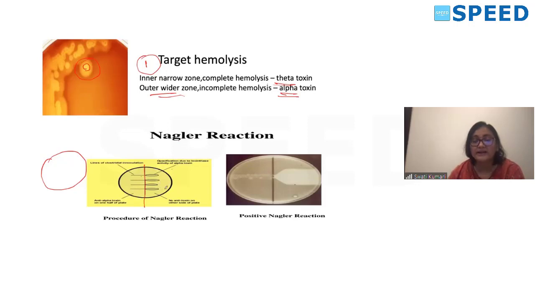The other half, which doesn't have antitoxin, shows opacification because of the lecithinase activity of alpha toxin. This is another picture of the Nagler reaction. You can get this culture plate and picture in the exam, and it can be asked what this reaction is, or for which organism it is a diagnostic feature.